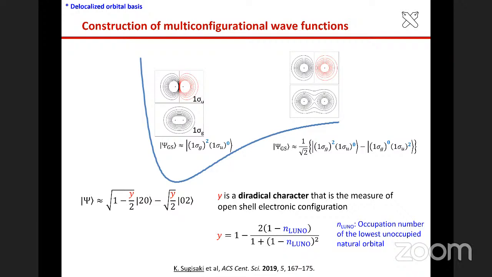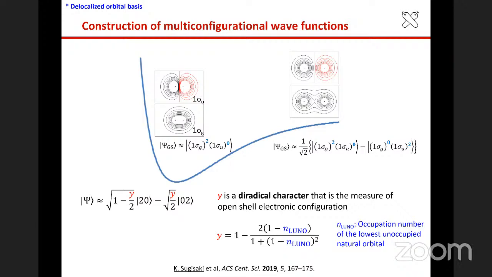But we can diagonalize the one-body density matrix to obtain the natural orbitals, which return the occupation number as an eigenvalue. Once we obtain the occupation number for the lowest unoccupied natural orbital, we can substitute it to obtain the diradical character.